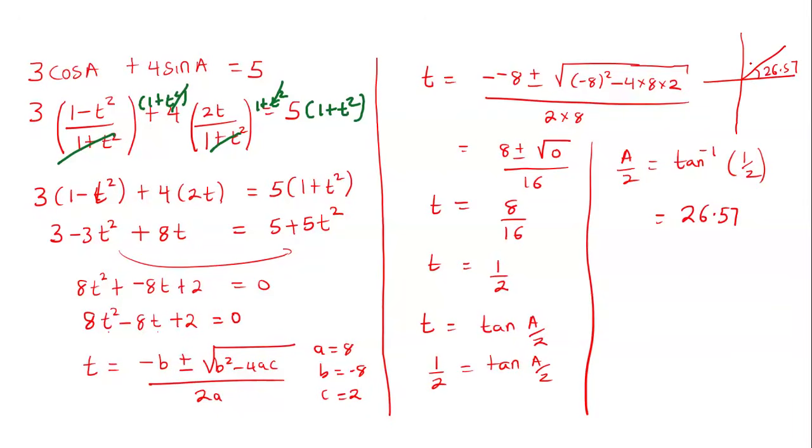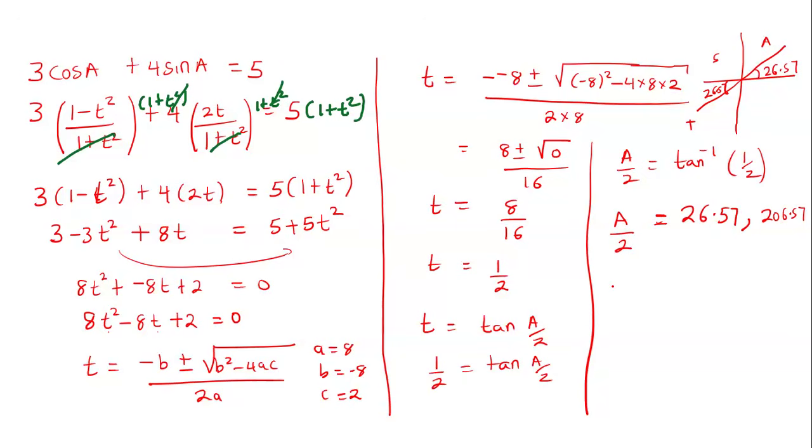Where is the second angle? Remember here, all, and tan is positive here. So another angle you could have could be 180 plus 26.57, which is 206.57. And the angles you have obtained are equal to A over 2.